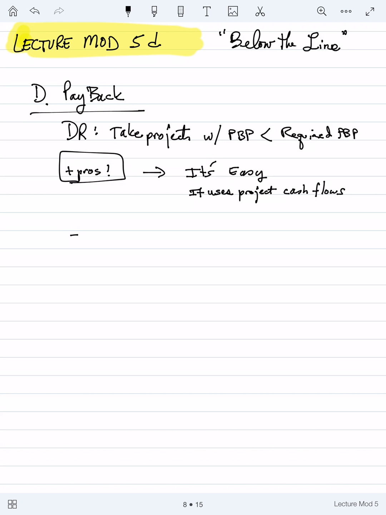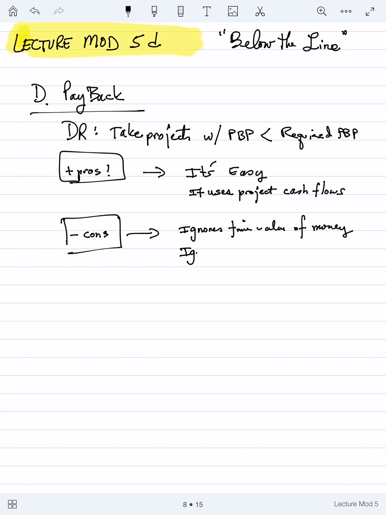And then, of course, there are weaknesses. So these are the cons, the minus side, to payback. The first one is that it ignores the time value of money. A second issue is that the cash flows beyond the payback period are also ignored.